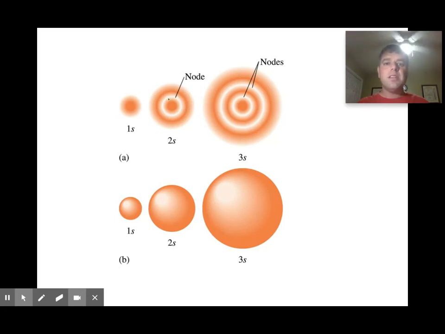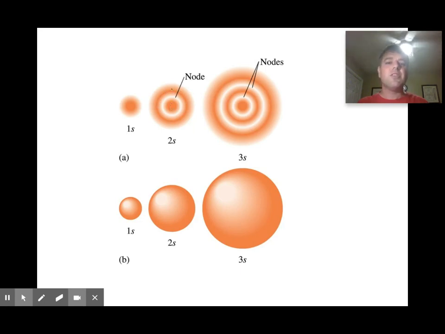But it's actually kind of like layers of an everlasting gobstopper type candy. There are these nodes where the electron is never found. In the 2s, the electron can be on the outer level or in the inner level. Because this is three-dimensional, the volume of the outer part of the 2s sublevel is a lot larger than the inner volume.